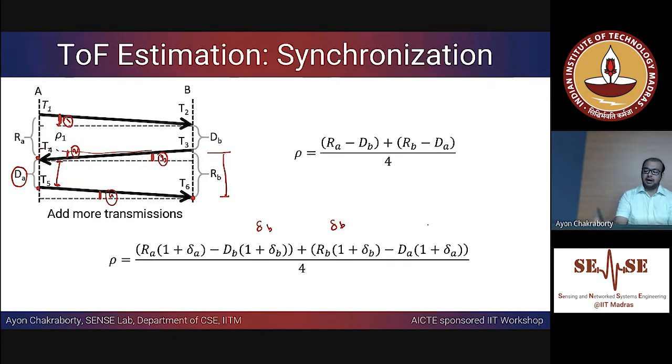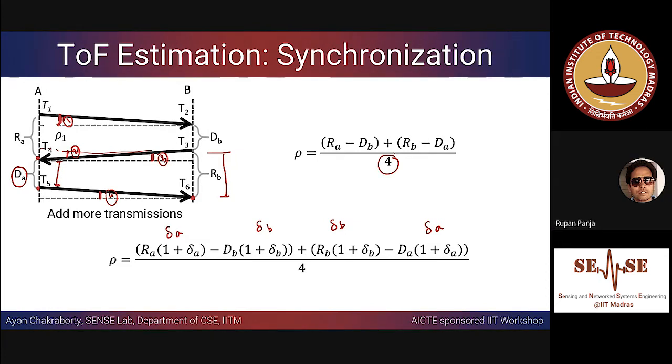Delta A is used for these 2 transmissions for A. I am hoping this is clear. Why 4 is clear for all? Yes, sir. Okay, very good.